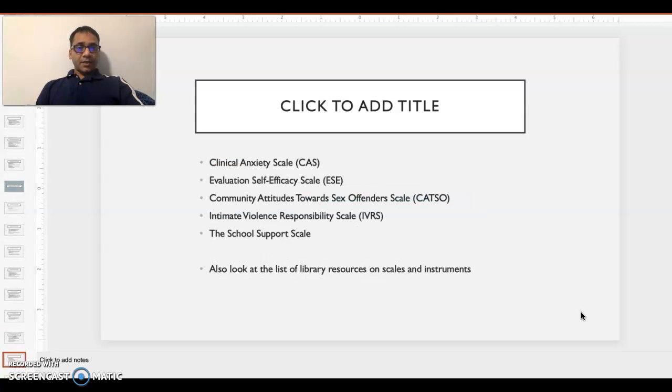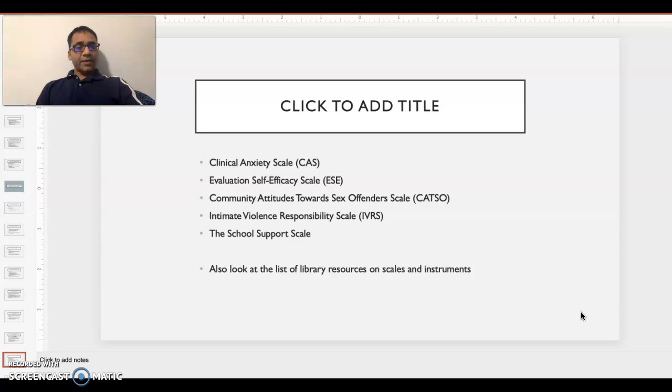These are some of the scales, like the clinical anxiety scale, or the self-efficacy scale, or the community attitudes toward sex offenders scale, or the intimate violence responsibility scale, or school support scales. And we can also find a lot of other scales or instruments in the library resources.